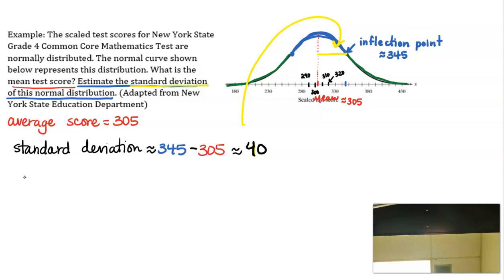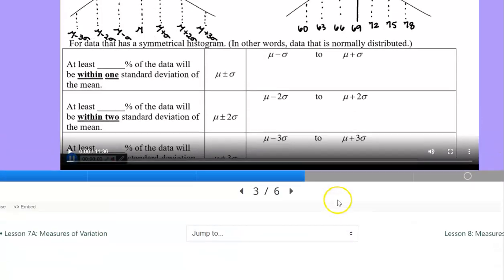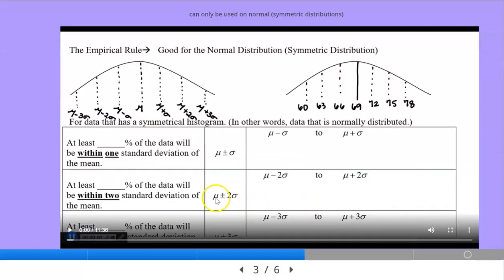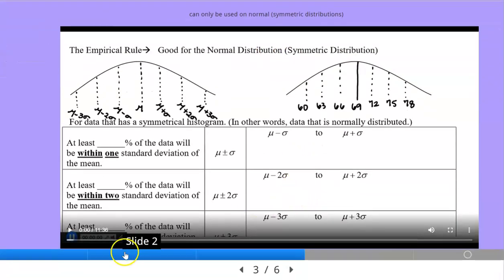So let's tie this in with what we learned about the empirical rule back in lesson 7. This is slide 3. Empirical rule, also called the 68, 95, 99.7 rule.